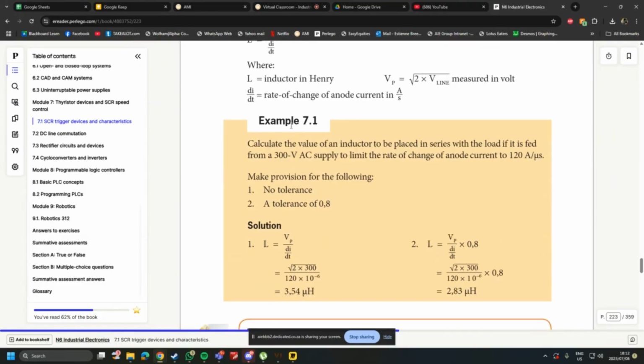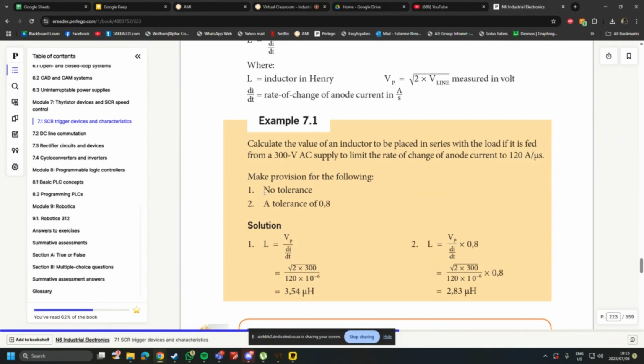Right, so for example 7.1, we need to calculate the value of an inductor to be placed in series with the load if it's fed from a 300 volt AC supply. And this is to limit the rate of change of anode current to a value of 120 amps per microsecond.